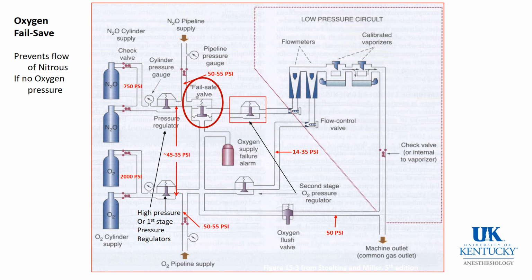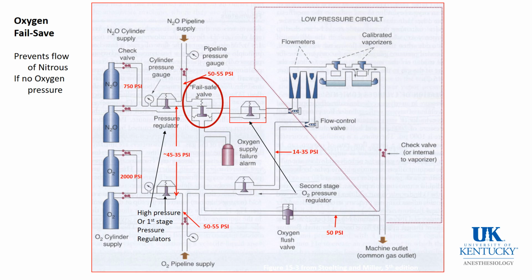So this is the oxygen fail-safe system on the machine. It's connected to the pipelines going to the vaporizers, and it's sensitive to pressure of around 45 millimeters of mercury. I'm sorry, I'm pointing to the wrong thing.